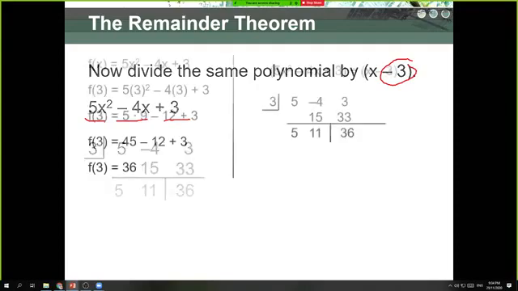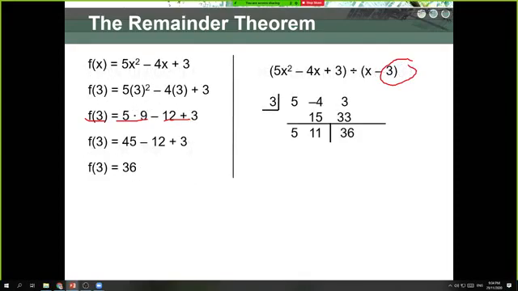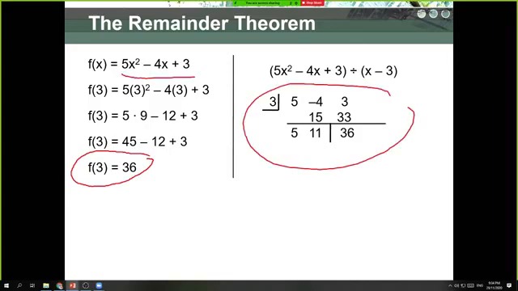Now, you have noticed that the result when you substitute 3 over the expression, and when you do synthetic division, have the same result.